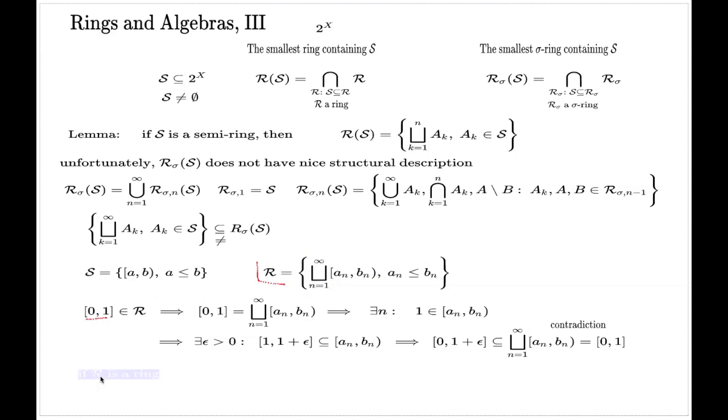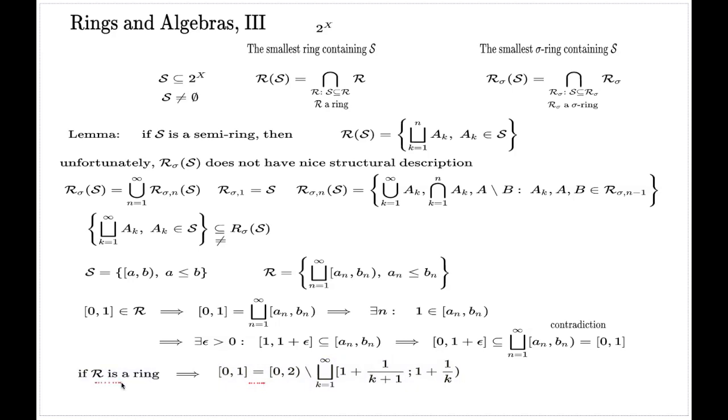Now, on the other hand, I'll show you that if R was a ring, then I can represent the closed interval [0, 1] like this. It's a very nice representation for the closed interval [0, 1]. Look at this. I take the half-open interval [0, 2), and I take the set difference with the disjoint union of these half-open intervals. It is a little bit of an effort to see that this is a true identity.